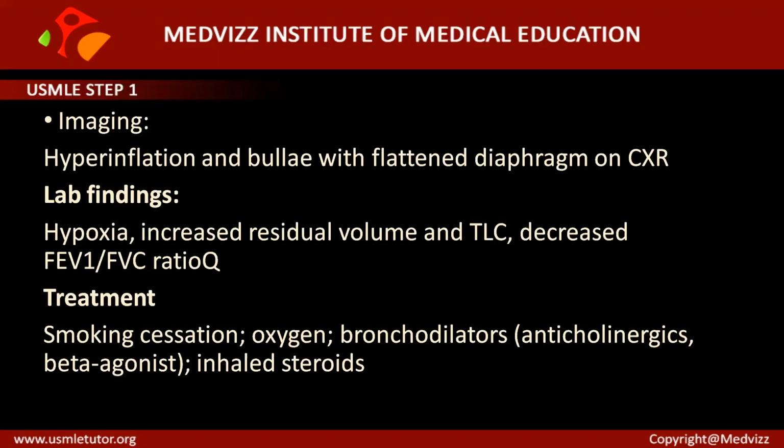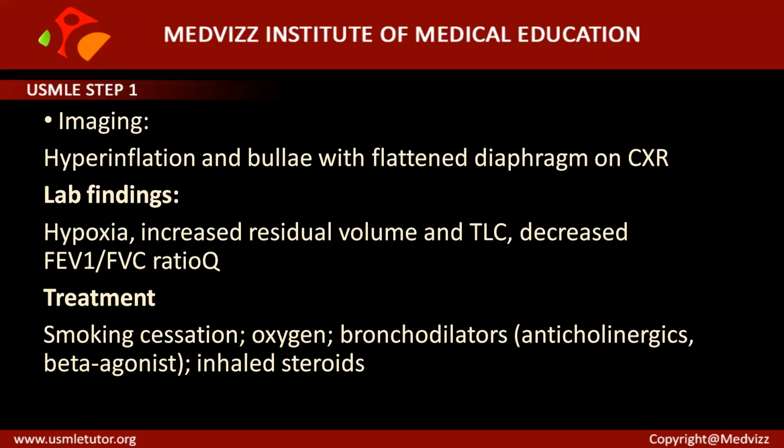The patient may develop hypoxia, and there will be an increased residual volume because of overinflation, and there will be an increase in the total lung capacity. And the typical picture of COPD is a decreased FEV1/FVC ratio. So this is what you need to remember for lab findings.